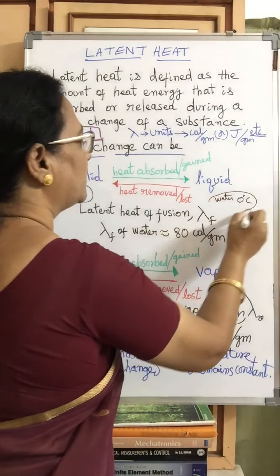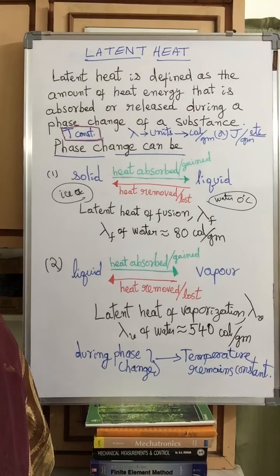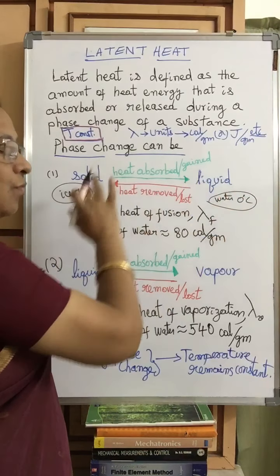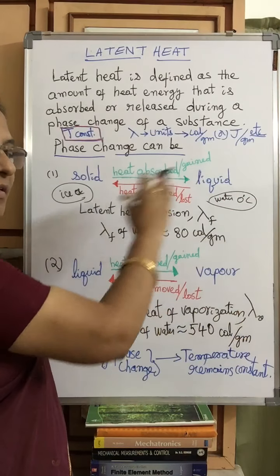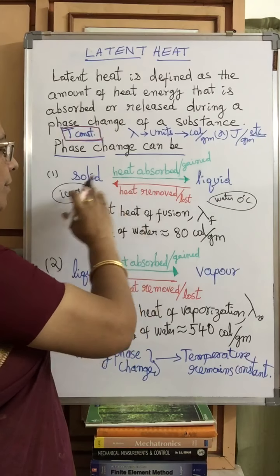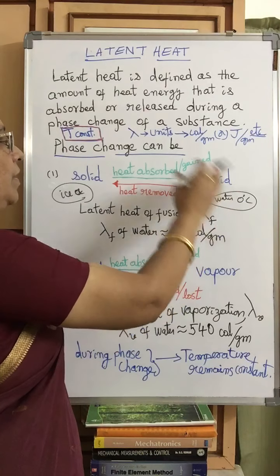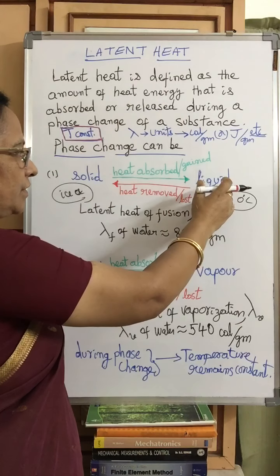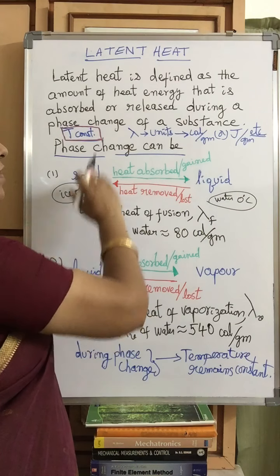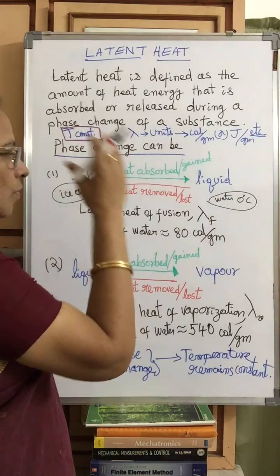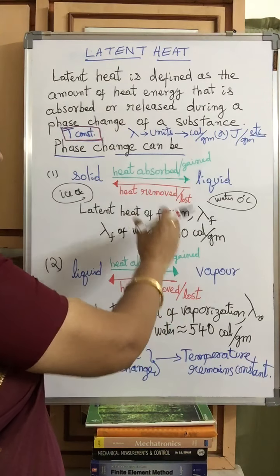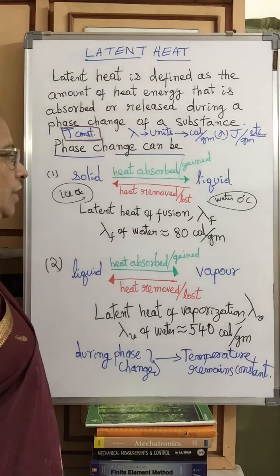Please notice this. There won't be any temperature change. But what is changing? Phase is changing. Okay? Temperature is not changing, but phase is changing from solid phase to liquid phase. The amount of heat energy to be supplied to convert that solid phase to liquid phase is called latent heat of fusion.